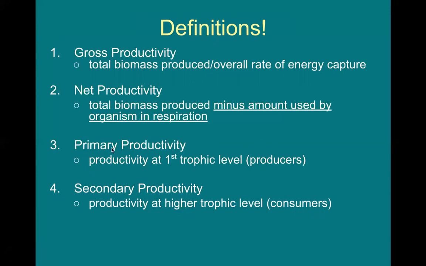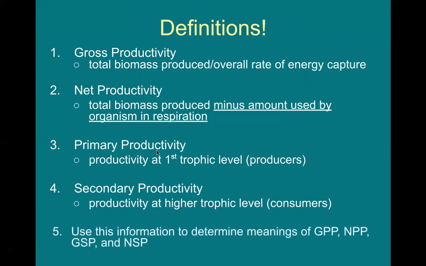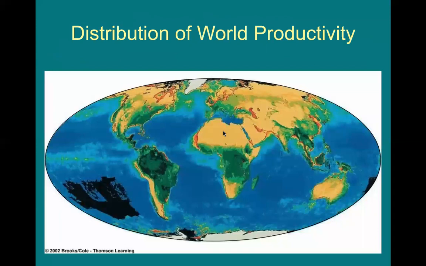And primary productivity is only for primary producers, which makes sense. And then you can use this information to determine what GPP, NPP, etc. means. So gross primary productivity versus gross secondary productivity, or net primary versus net secondary.